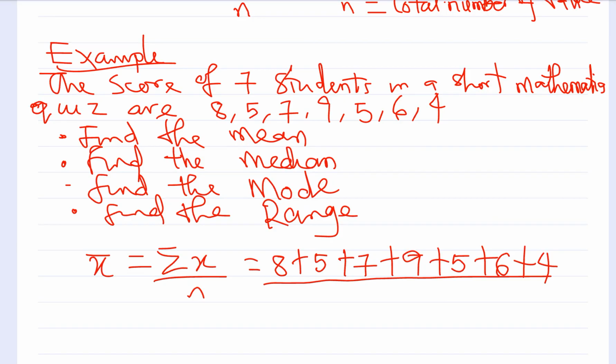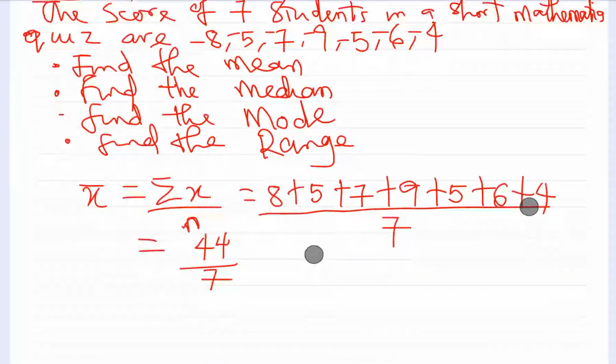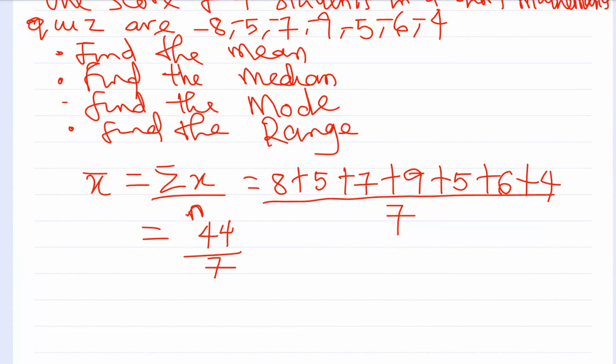So this is the total. N is the total number that we have: 1, 2, 3, 4, 5, 6, 7. So that is over 7. We have 44 over 7. Are you seeing that now? So let's divide 44 by 7.